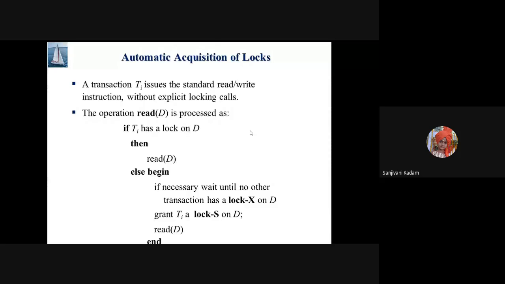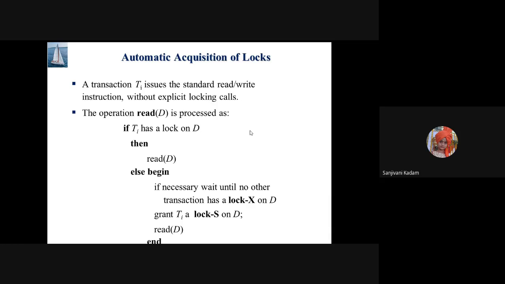Next, if Tj is having an exclusive lock on D. During the exclusive lock, no other transaction can perform reading or writing of the data item, as an exclusive lock is compatible neither with shared nor with exclusive.